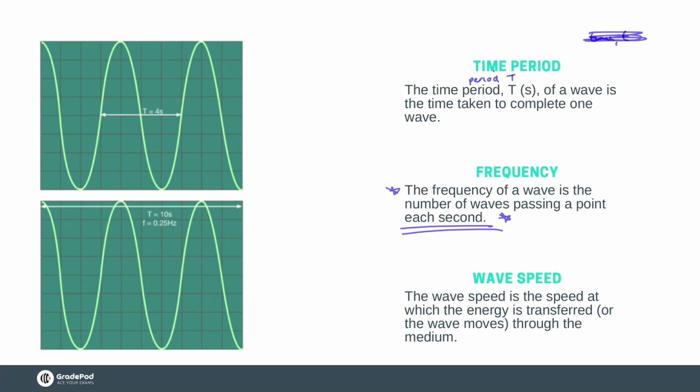The wave speed is the speed at which the energy is transferred through the medium. Now, when you see brackets in a definition or in an answer, it means it's nice to have, but it's not necessary. So if you wanted to write down the definition of wave speed, you'd say the speed at which the energy is transferred through the medium. And that can go in your definition section as well.